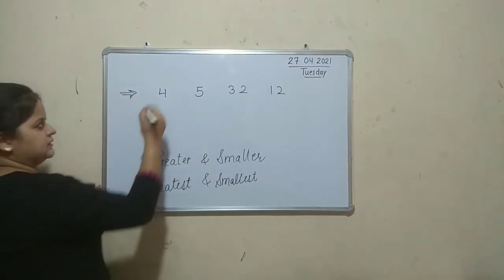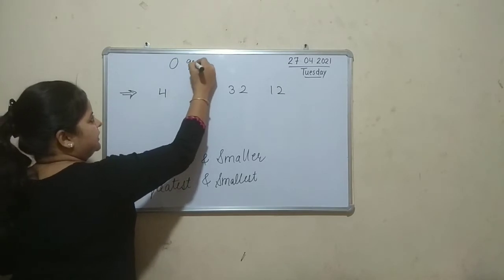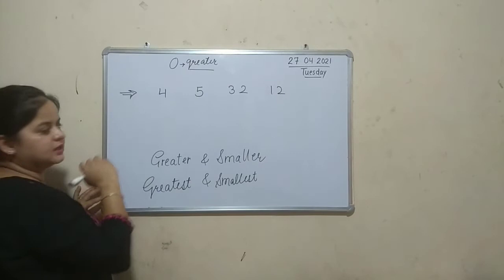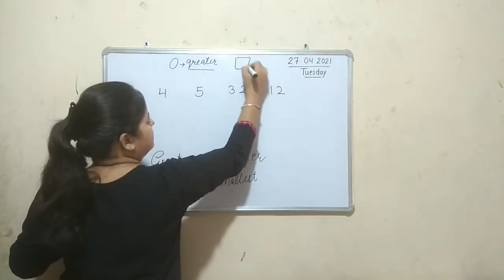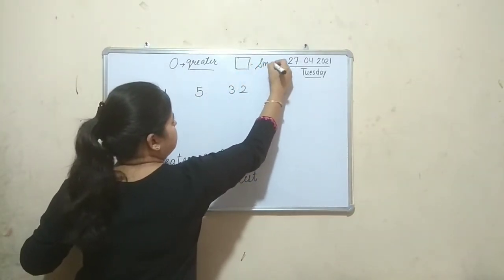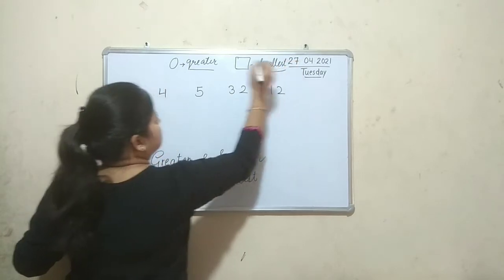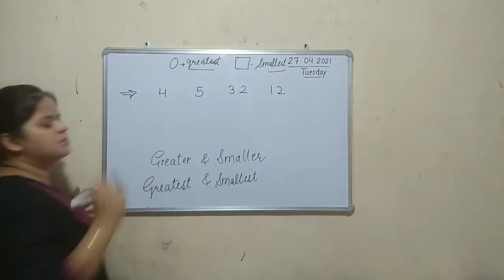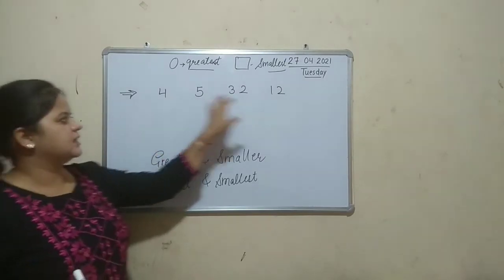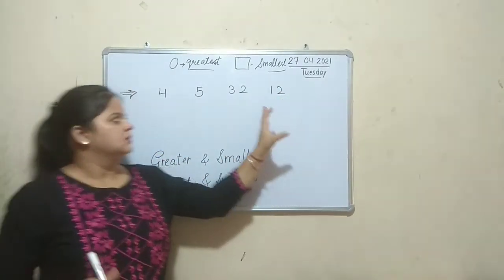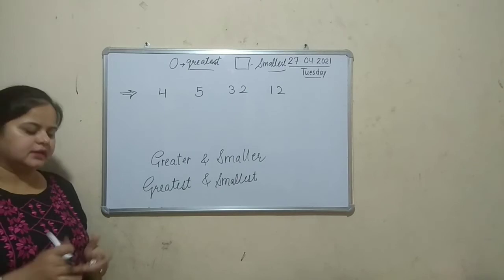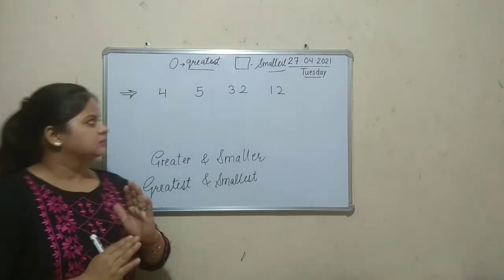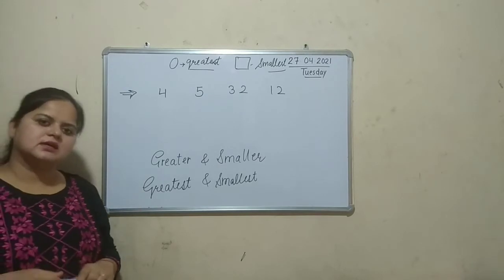We have to make a circle on the greatest number and a square on the smallest number. So which is the greatest number from all of these? You all know the greater number from comparison of two numbers: one is smaller and the other is greater.